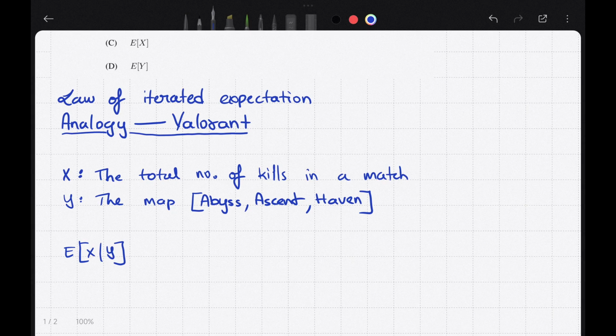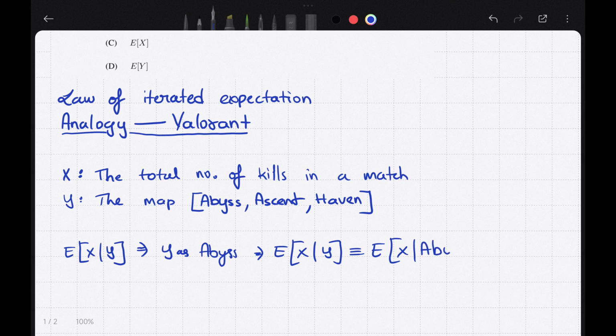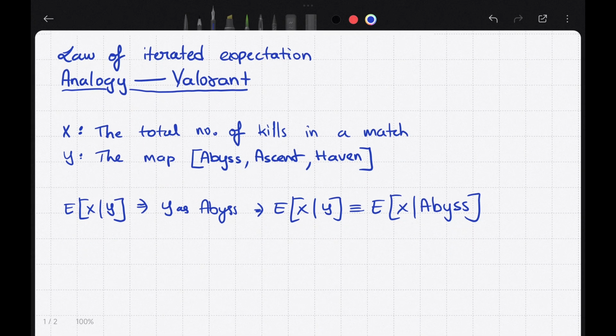So say you take Y as Abyss, right? E of X given Y, which is E of X given Abyss, is basically the average number of kills in all the matches that you've played in Abyss, right?